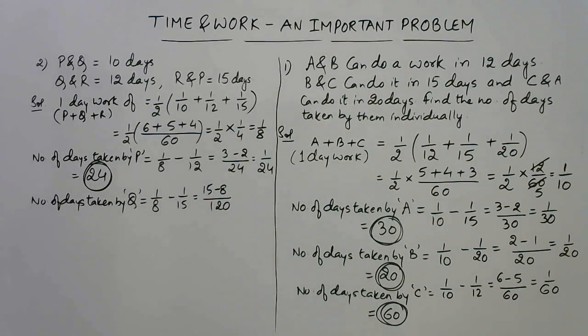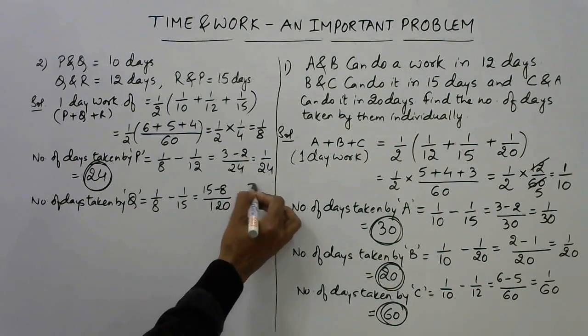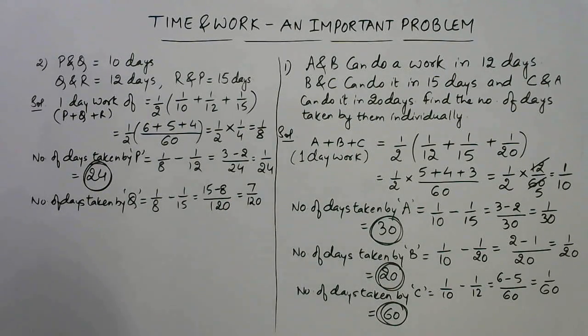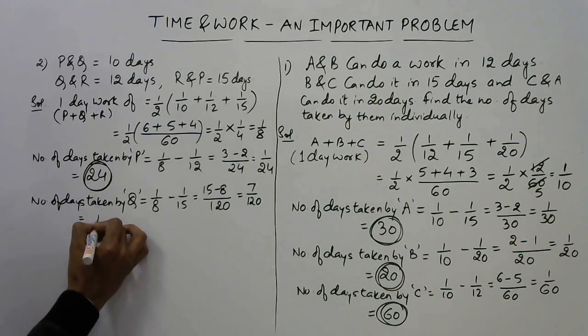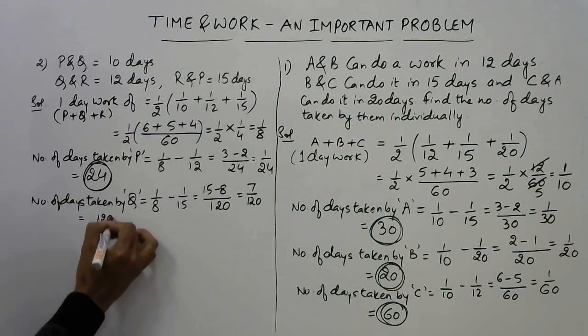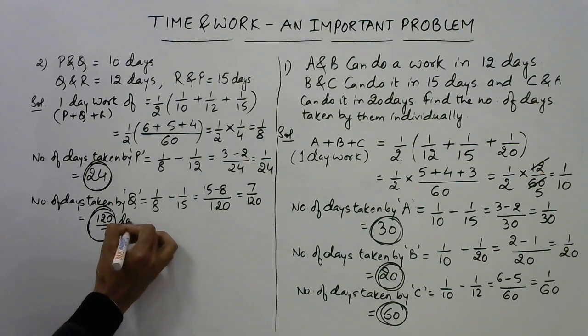So we get the second part answer as 7 by 120. And if you observe, 7 by 120 does not cancel out, so you can leave the answer in fractions. This will be 120 upon 7 days.